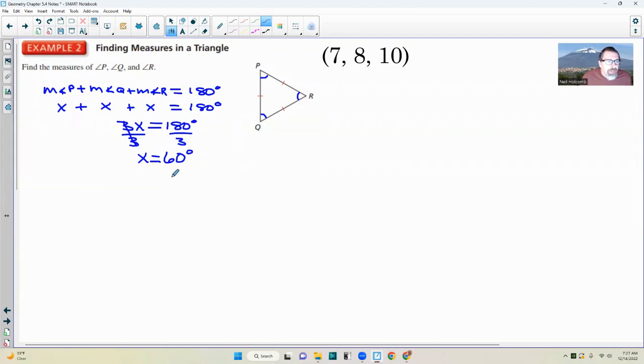So every angle is 60 degrees. So after I find this, I can say the measure of angle P equals 60 degrees. The measure of angle Q is 60 degrees, and the measure of angle R is 60 degrees.